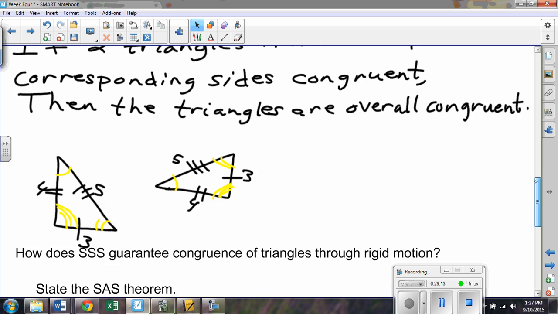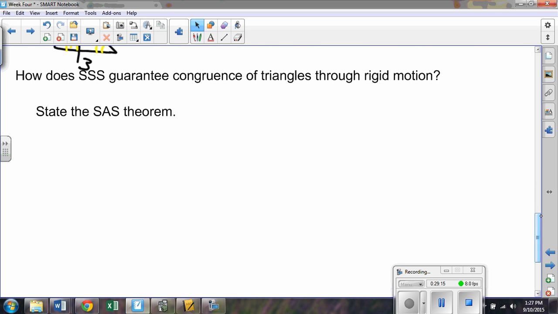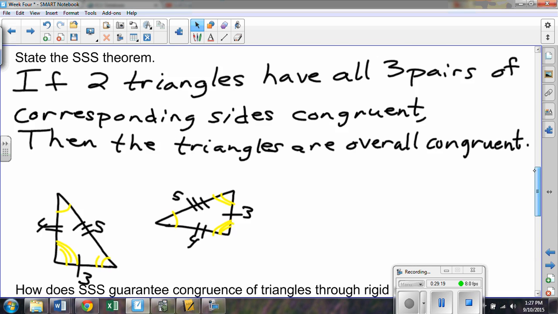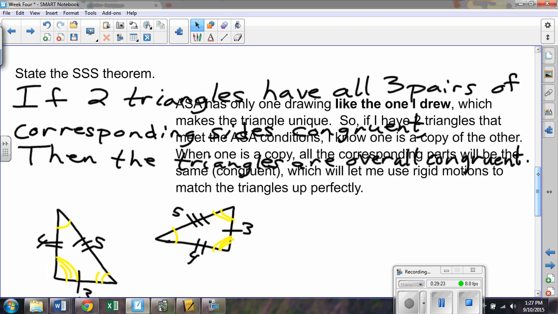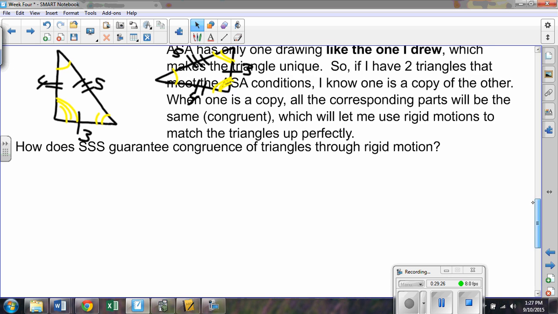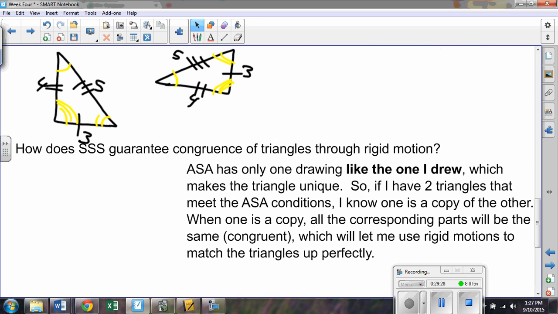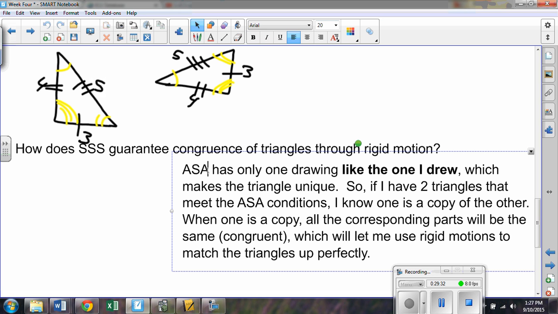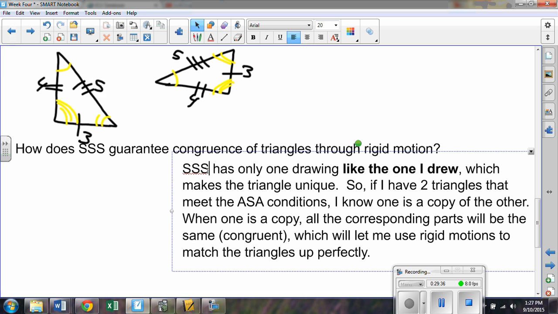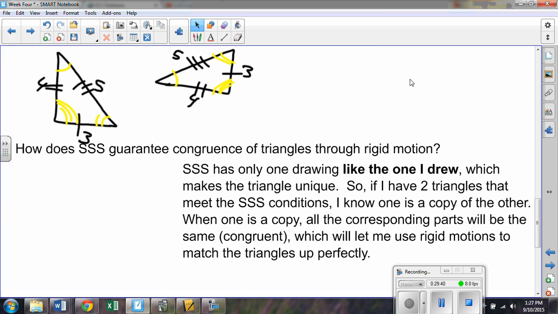Okay, so why? Why does that work? Well, frankly, all I'm going to do is it's the same thing. But instead of saying angle, side, angle, I'm going to switch it to side, side, side. Side, side, side. And there we go.